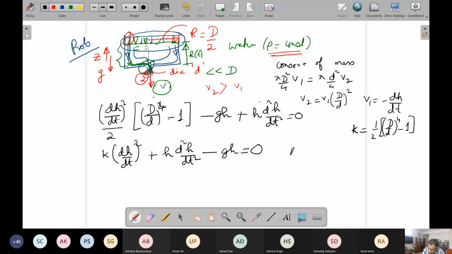And it's a well posed problem, because at time equal to 0 you have h equal to maybe h naught, and you can set a dh dt also. So maybe it was stagnant to begin with, and then the hole was closed, so it was stagnant, and suddenly the hole was opened, so it started flowing.